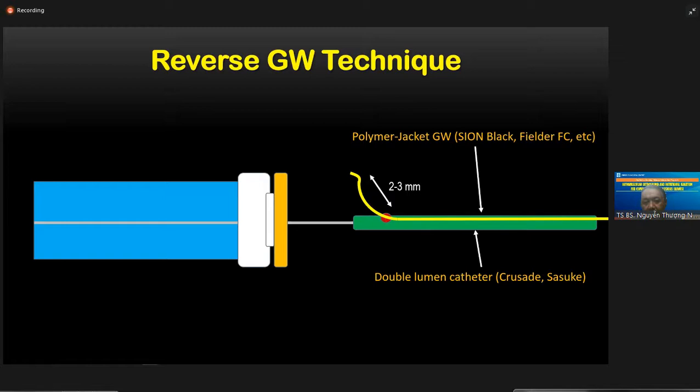In some cases, we have to change the guide wire, using a microcatheter. So it depends on the situation. However, in general we set around 3 millimeters as the length of the guide wire from the second lumen.